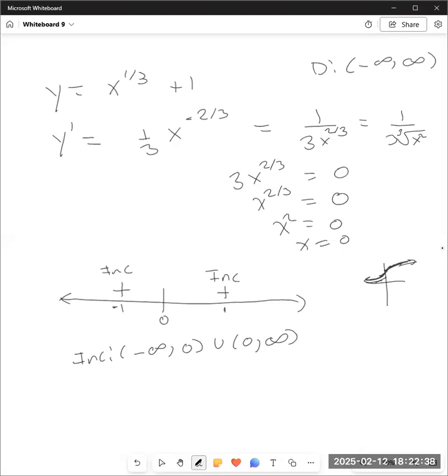So x to the 1/3 power, the cube root of x, kind of makes this S shape like that. That was number 29.